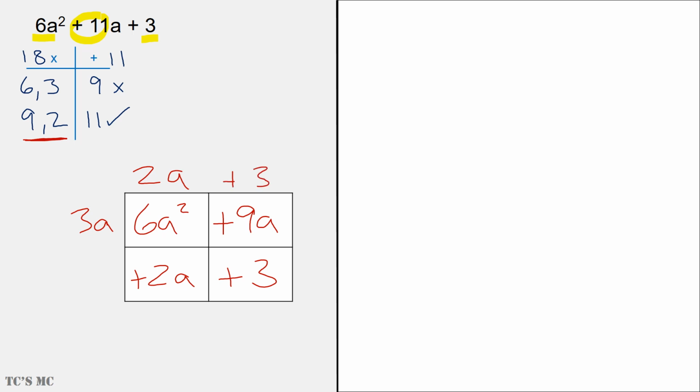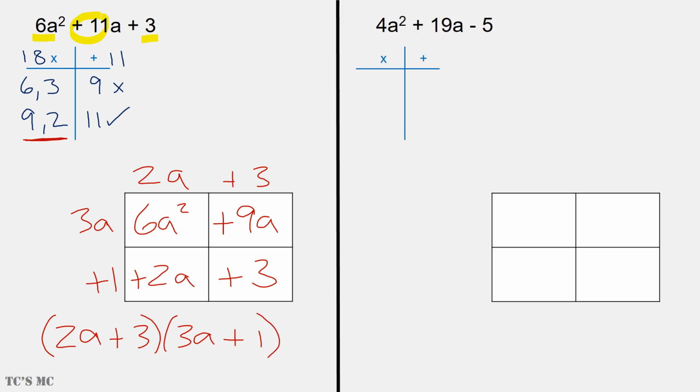Now 2a times what gave us a plus 2a, a plus 1. Check that the last box will work. 1 times 3 is 3. So my two brackets are 2a plus 3 and 3a plus 1. So that's that factorized. Let's try a second example.